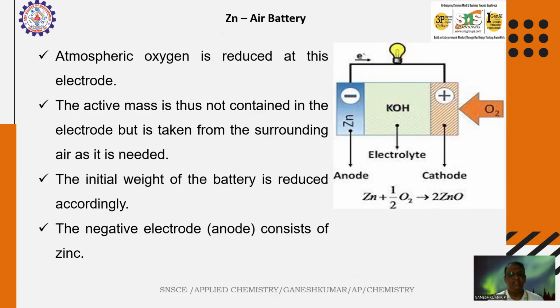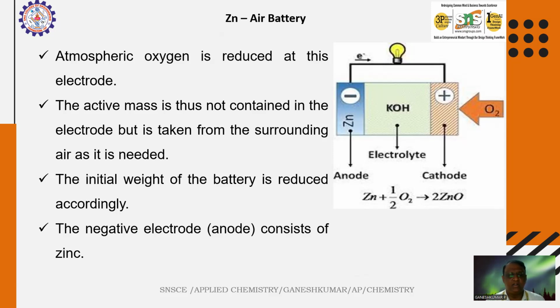Here the active mass is not contained in the electrode, but is taken from the surroundings. So the main advantage is that the oxygen is taken up from the surrounding atmosphere, so it won't add much cost. The initial weight of the battery is also reduced due to this process.